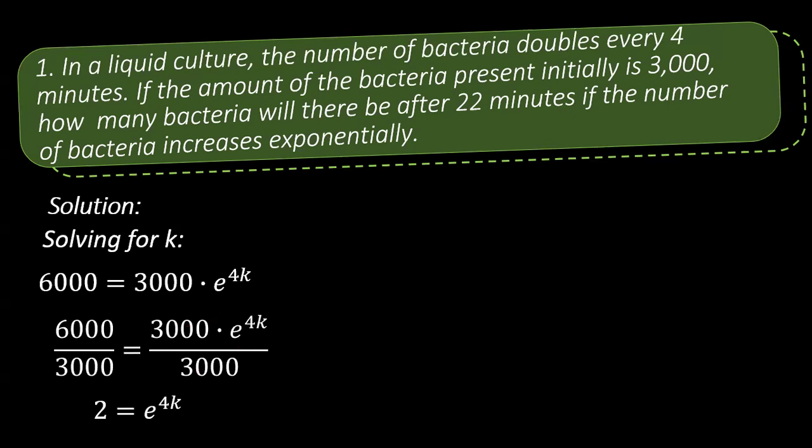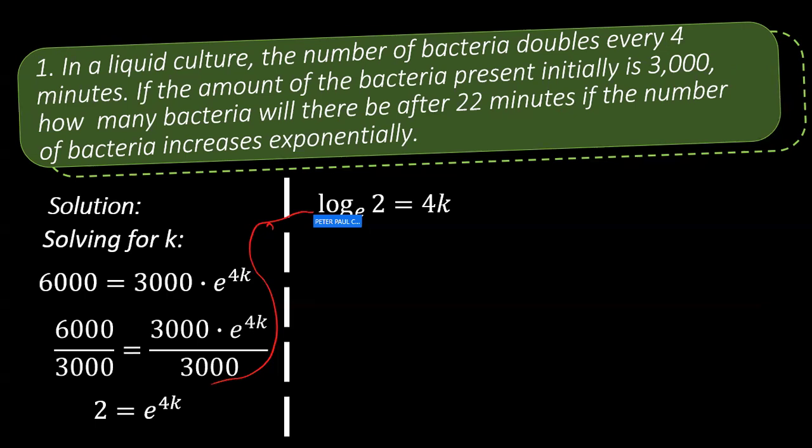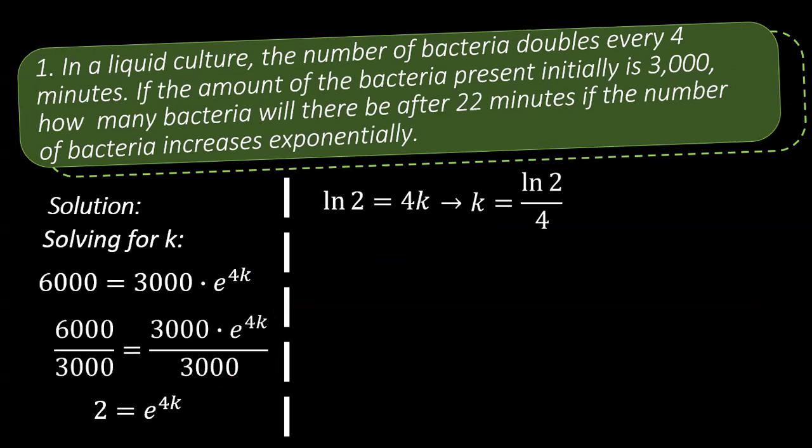Next, we solve for k. So we can rewrite this one as the logarithm of 2 to the base e equals 4k. Then how do we get the k value? We divide both sides by 4. We can write it as ln of 2, then dividing both sides by 4 will make k equal to ln of 2 over 4.